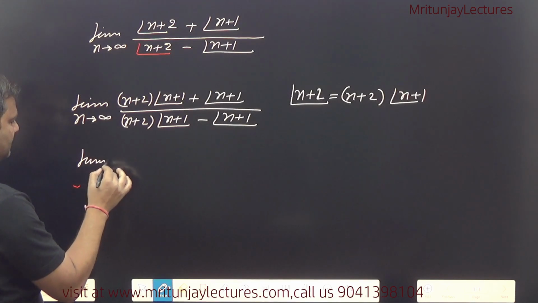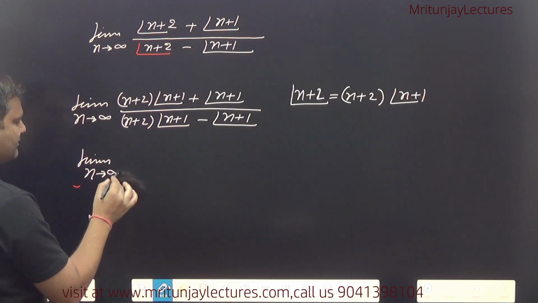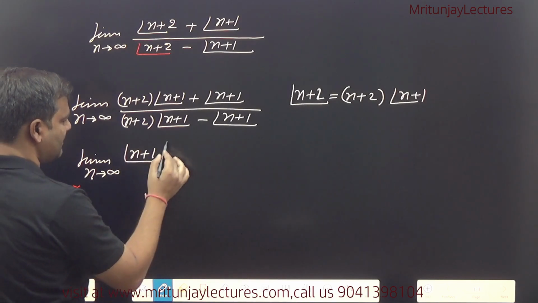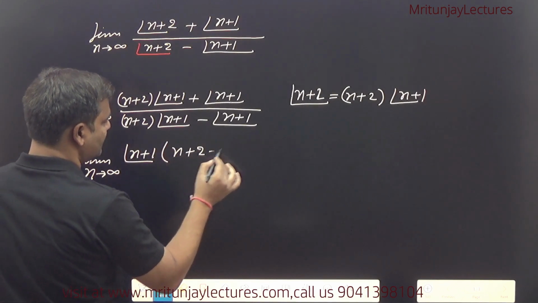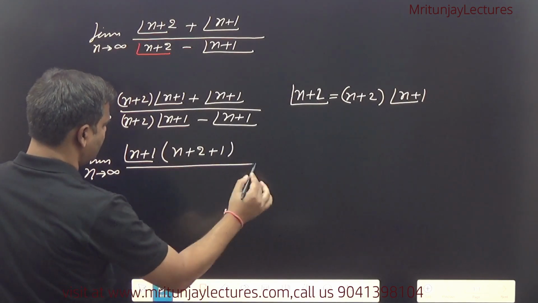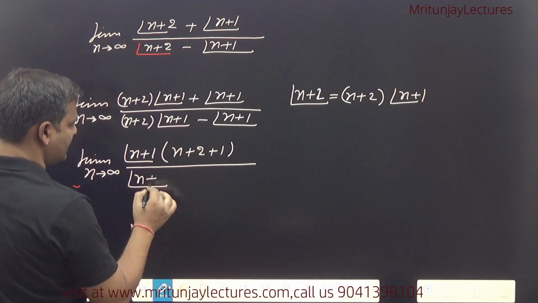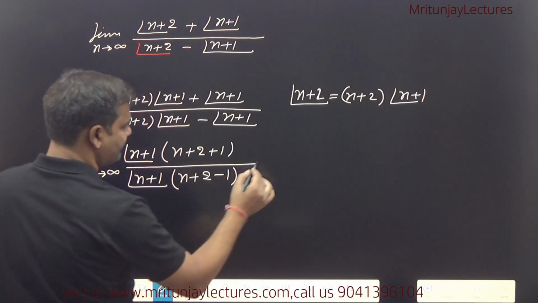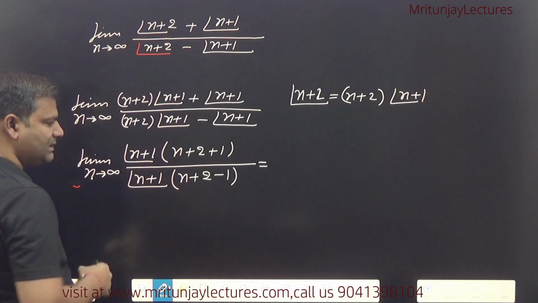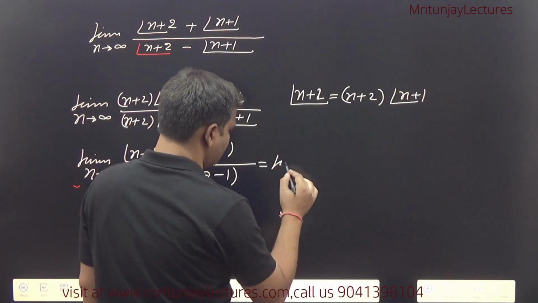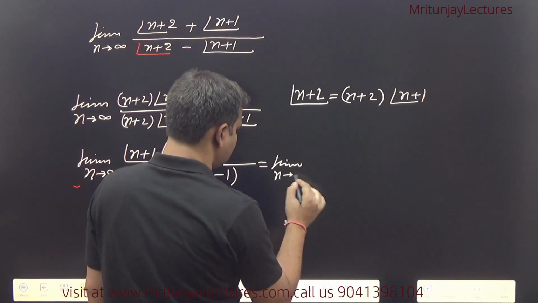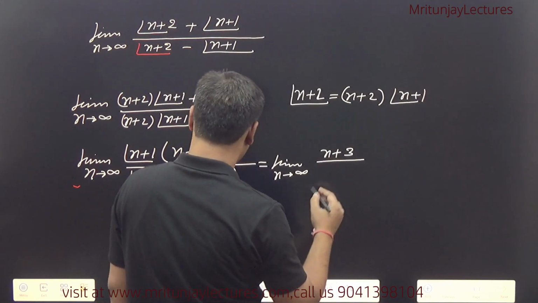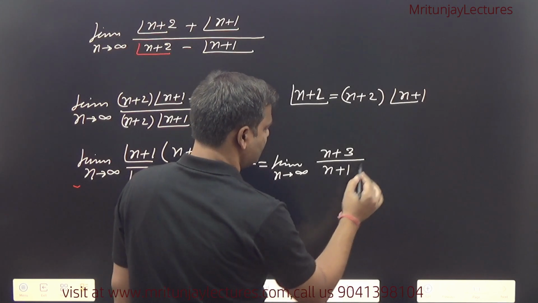After that, limit n tends to infinity. If (n plus 1)! is common, then (n plus 2 plus 1) whole divided by, taking (n plus 1)! common, (n plus 2 minus 1). That one cancels out. So simply you can write now limit n tends to infinity of (n plus 3) divided by (n plus 1).